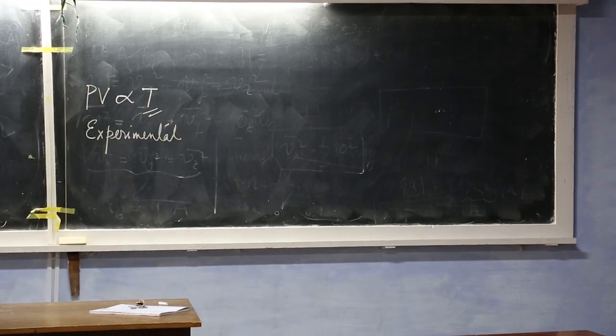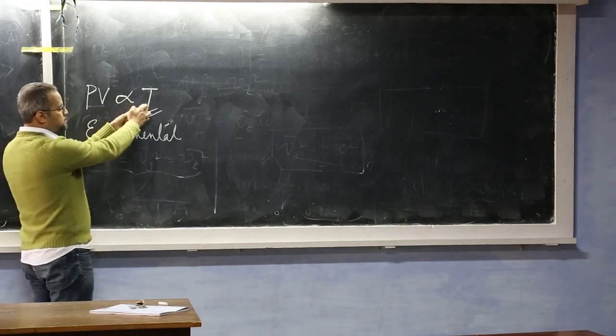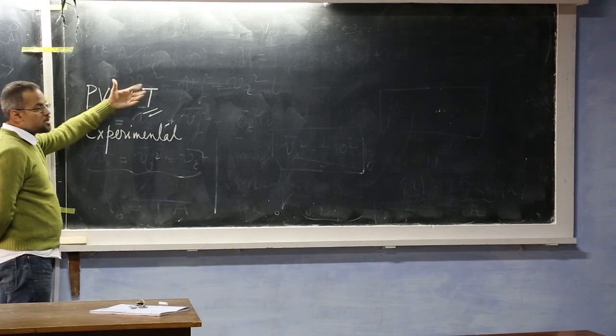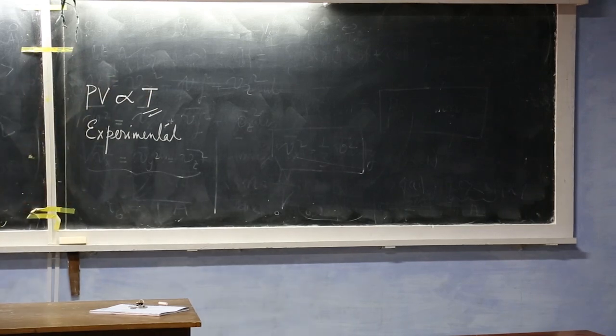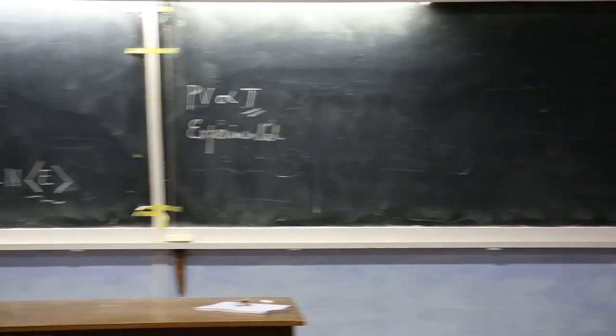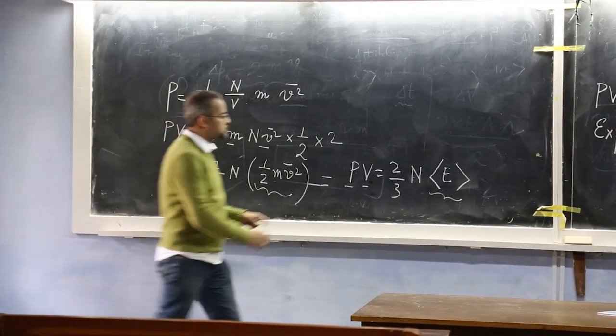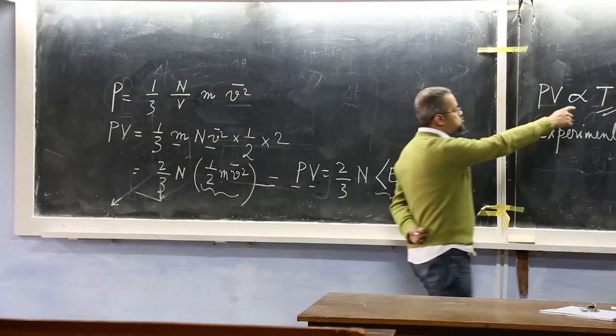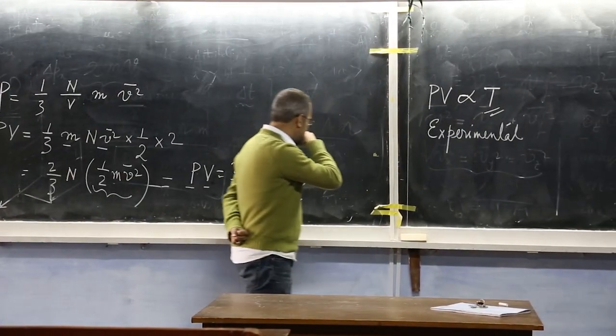So we can immediately see that this average kinetic energy must be somehow related to temperature, otherwise these two pictures would be incompatible. So remember, we were saying that if there is one set of laws governing the physics at the microscopic scale and there is another set of laws governing how nature behaves at the macroscopic scale, they better be consistent. So consistency would demand that this average energy has to be somehow related to the temperature.